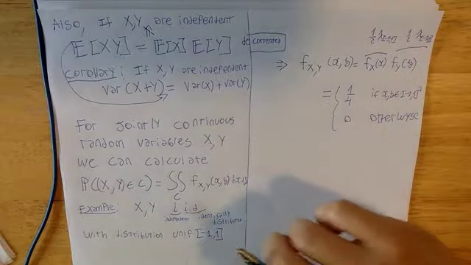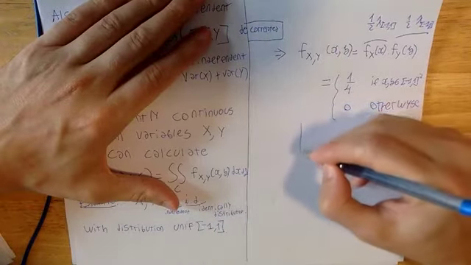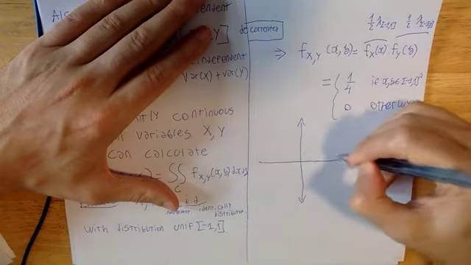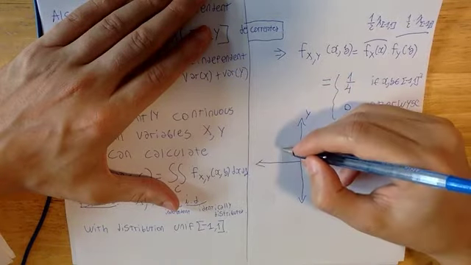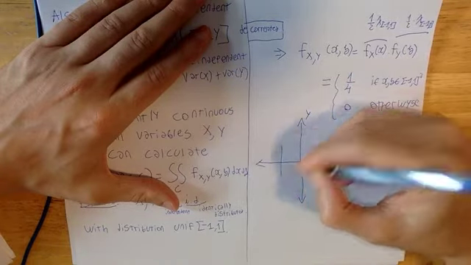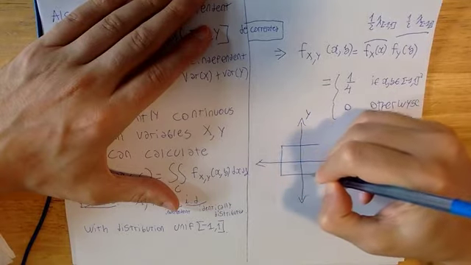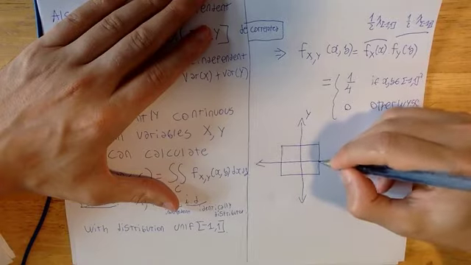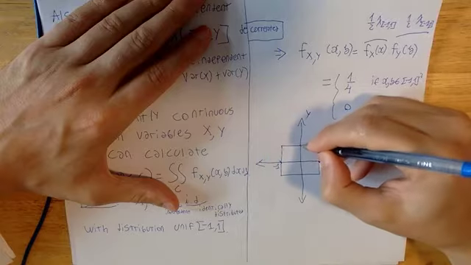Okay, so the picture that you can have in your head is that if this is x and this is y, the values that they can take, x comma y is uniform on the square with side length 1.